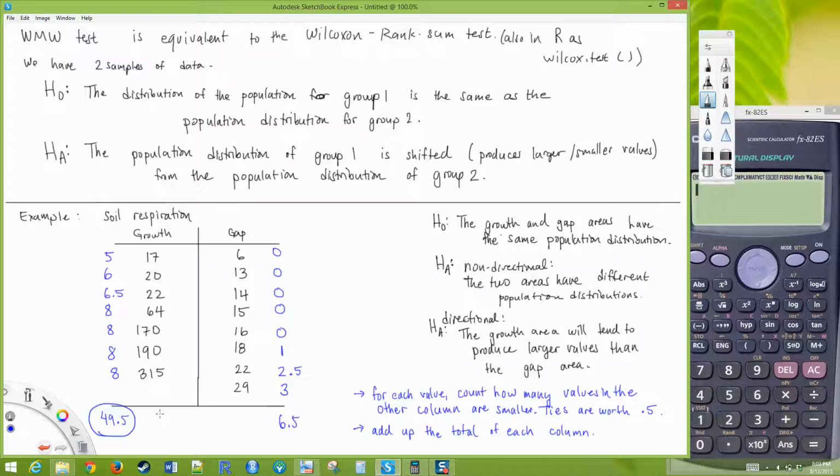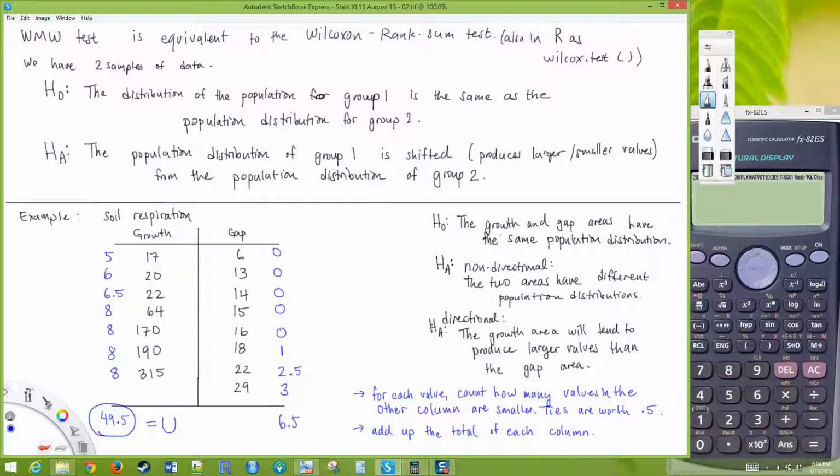So the larger column is our test statistic U. I don't know why it's U, but that's the letter that we use. And there we have it. Okay, so far so good.